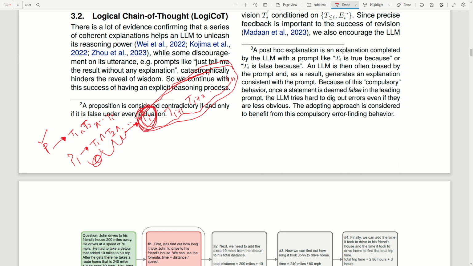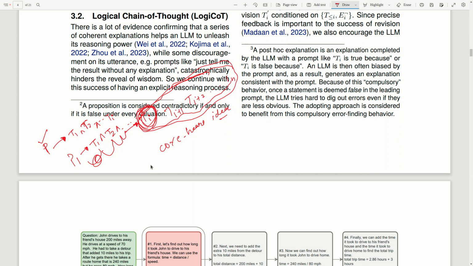If you are still not getting all this, bear with me for a few more minutes and everything will be clear. The core idea of the paper is that they proposed a post hoc explanation. What does post hoc mean?